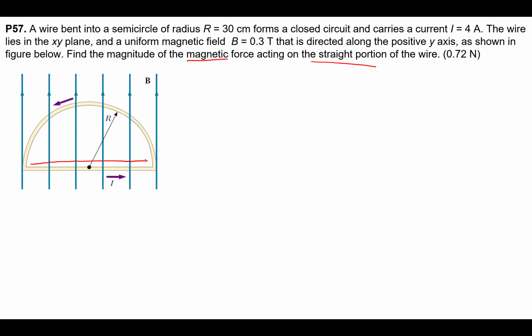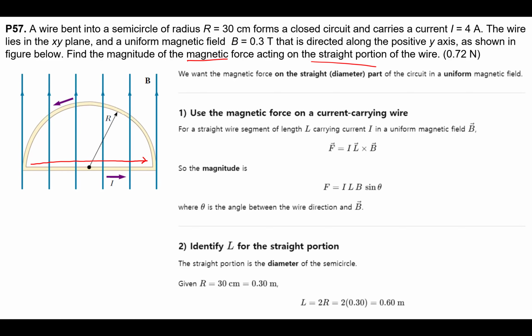Now let's try to find out. If there's a wire that carries a current, then the force on that wire is given by F is I dL cross B. In the textbook, it is sometimes called I L cross B, and its magnitude is given by this one.